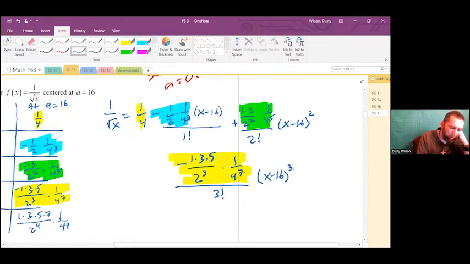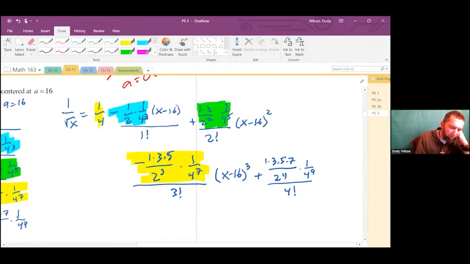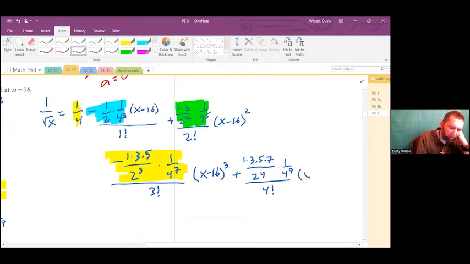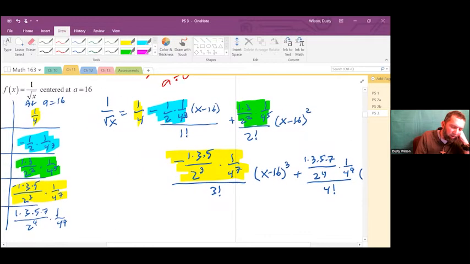And then we could add 1 times 3 times 5 times 7 over 2 to the 4th power times 1 over 4 to the 9th power all over 4 factorial times x minus 16 to the 4th, etc., etc., etc.